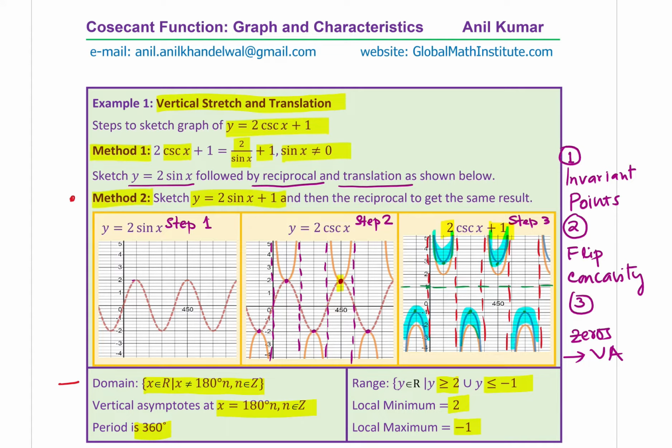So these are the zeros, right? So those will be the maximum, 0, correct? I'm going to sketch the sine function, as you can see.